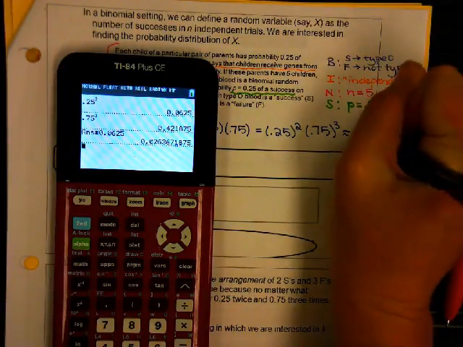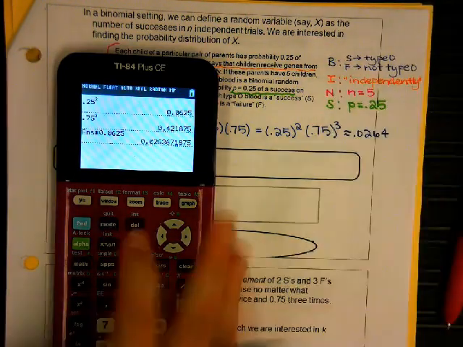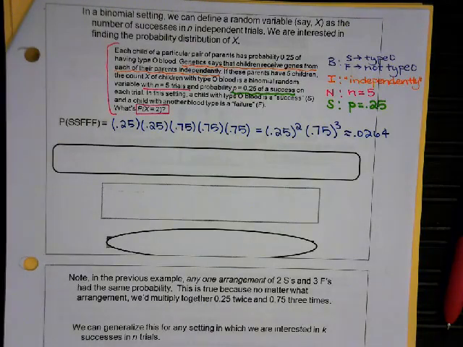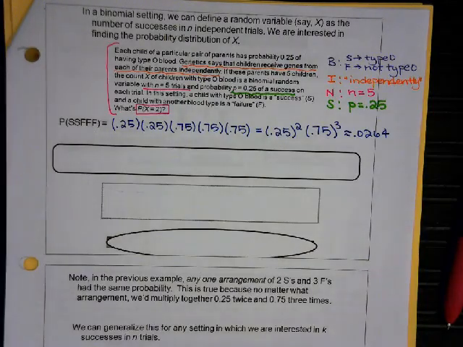Any questions on that? Anybody take issue with that? Yeah, I did something wrong. Well, not wrong, but I assumed something that isn't necessarily true. I assumed the first 2 kids have type O blood.